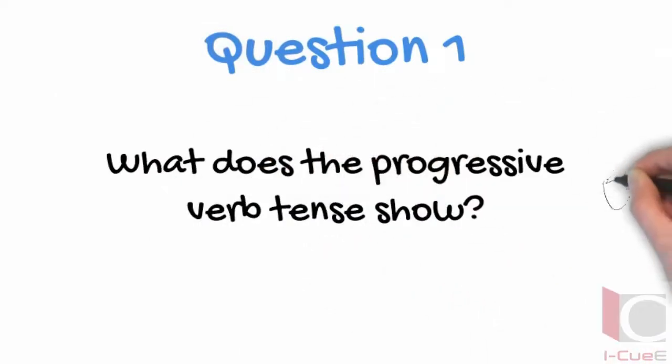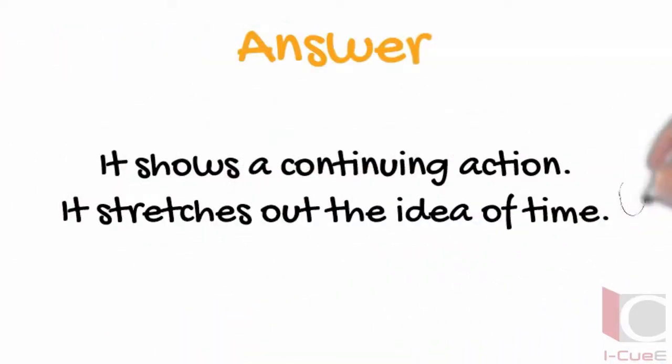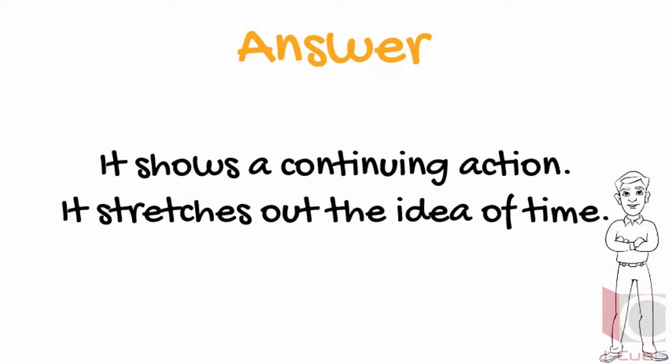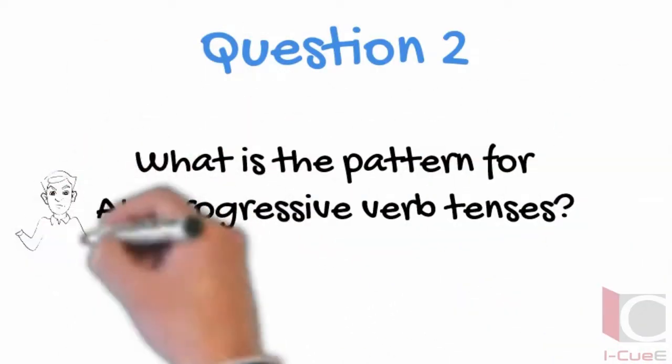What does the progressive verb tense show? It shows a continuing action. It stretches out the idea of time. What is the pattern for all progressive verb tenses?